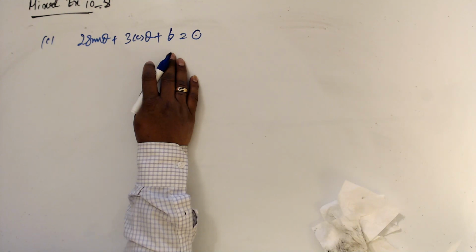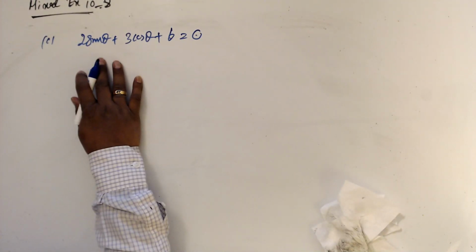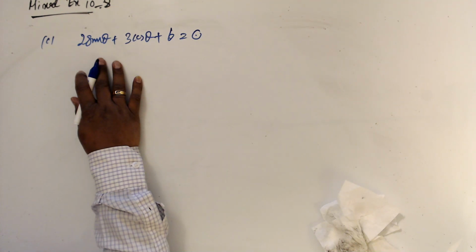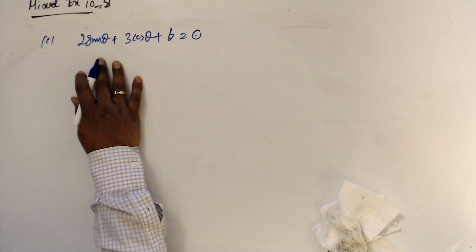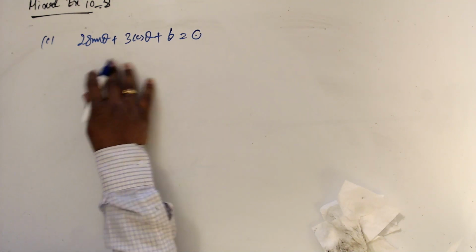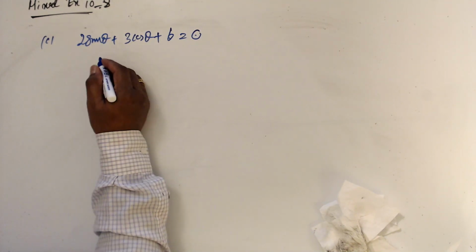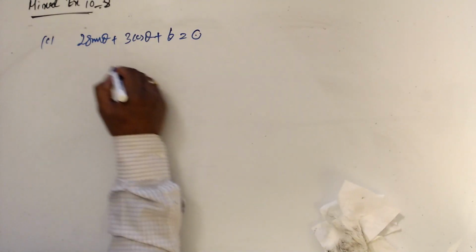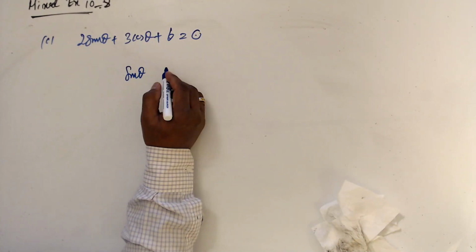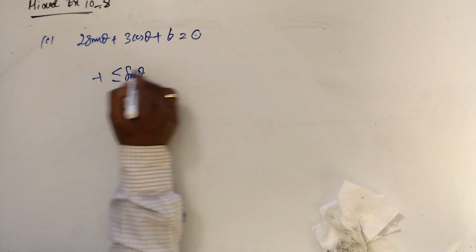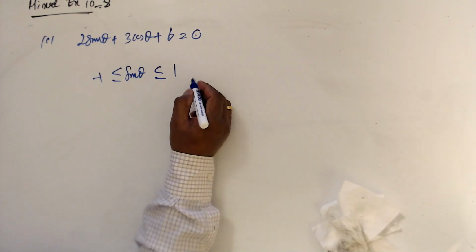Question C, you want to show that there is no solution for this one. How many solutions? Interval 360. So I will use this approach. Sine theta varies from minus 1 to plus 1.